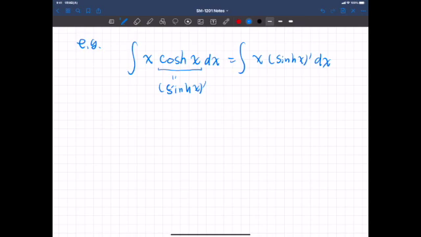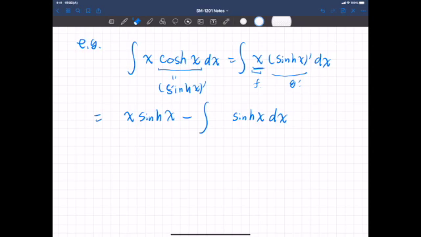Then we apply, let's say this is f and this is g prime. From this, by applying integration by parts, we have x sinh x minus the integral of the derivative of x, which is 1, times sinh x. So 1 is just 1, and this is easy to integrate.